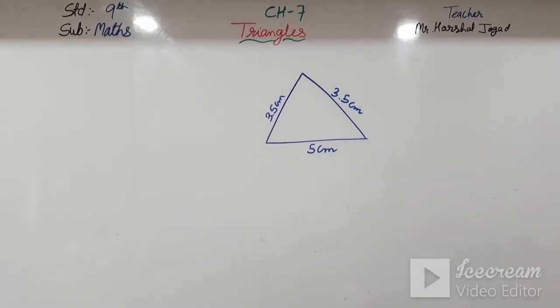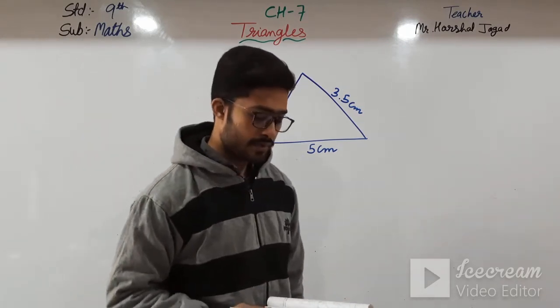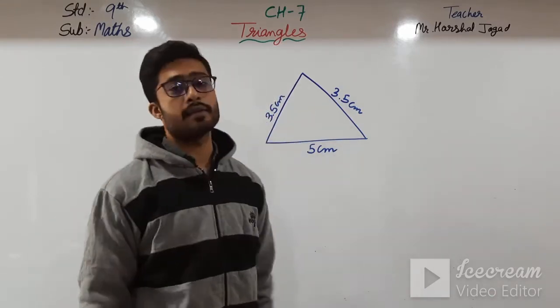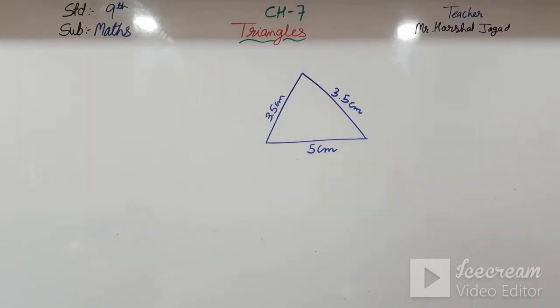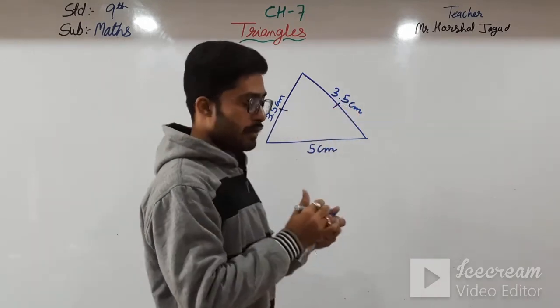Going further, in figure 7.24 it is given that a triangle in which two sides are equal is called an isosceles triangle. Why? Because here you can see the two sides of the triangle, this side and this side, are equal to each other.